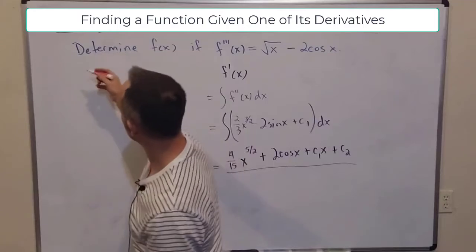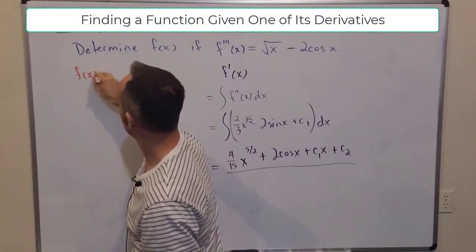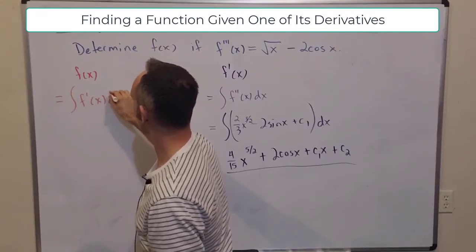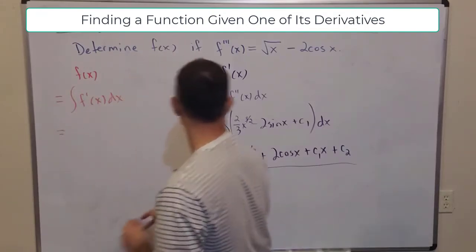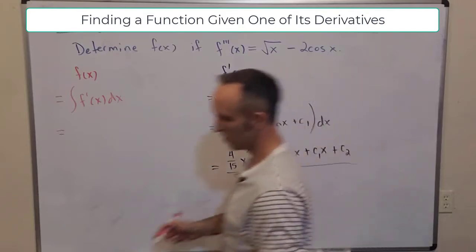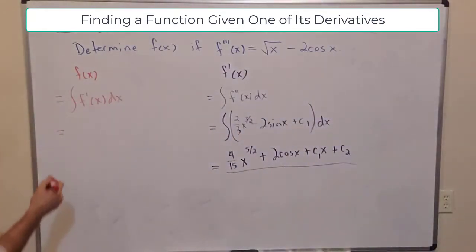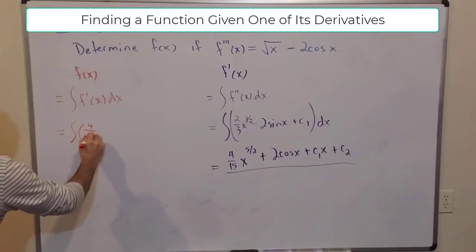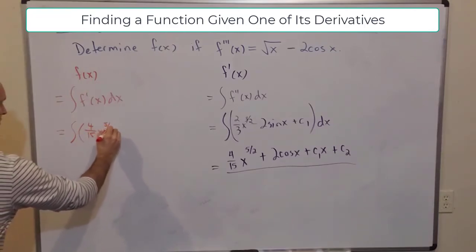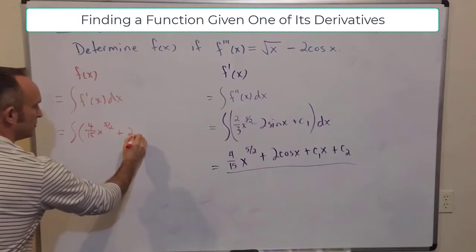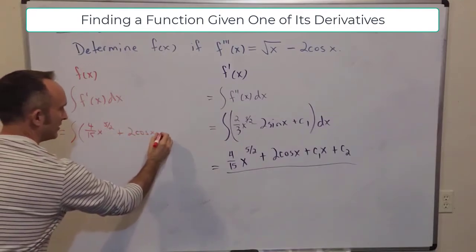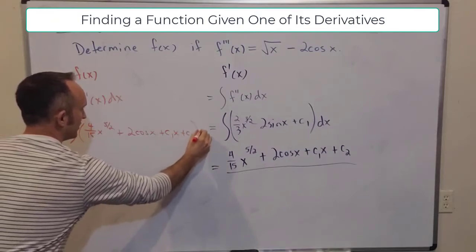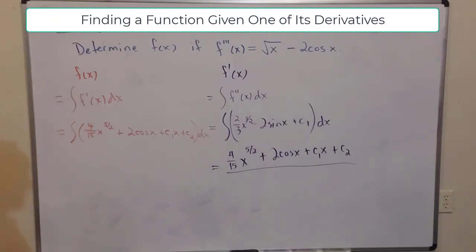So now f of x is the antiderivative of f prime of x with respect to x. So I need to anti-differentiate all of this. Let me get out of the way here so you can see. So I need the antiderivative of 4/15 x to the 5/2 plus 2 cos x plus c sub 1 x plus c sub 2. And I need all of that with respect to x.